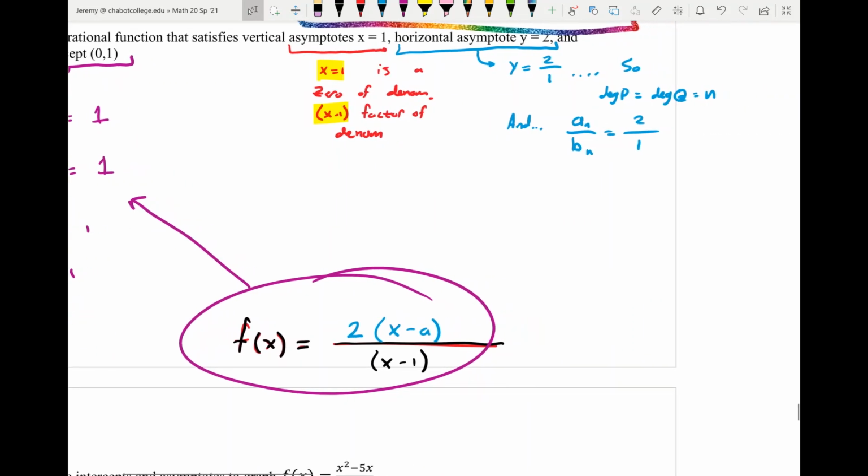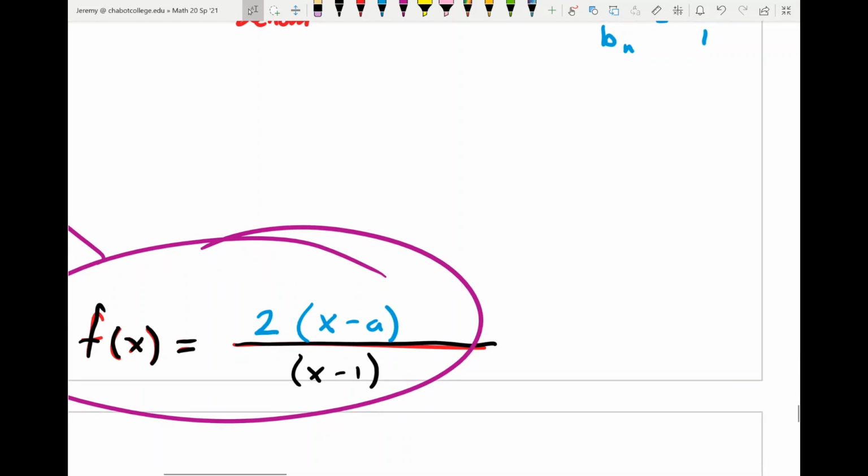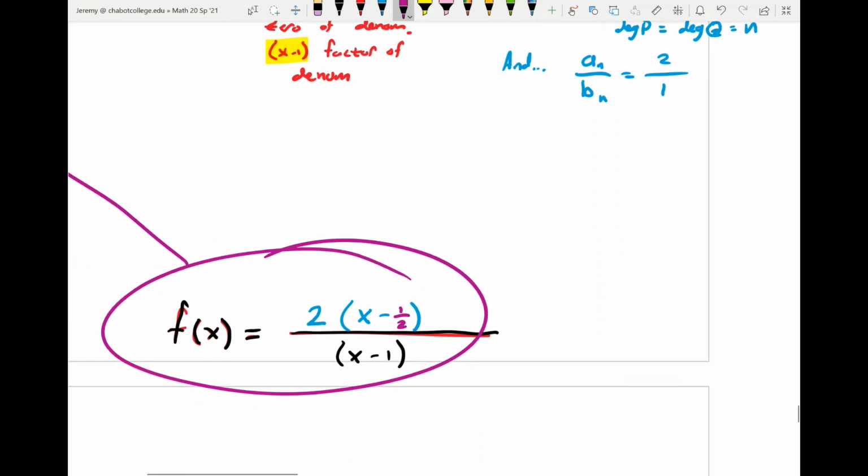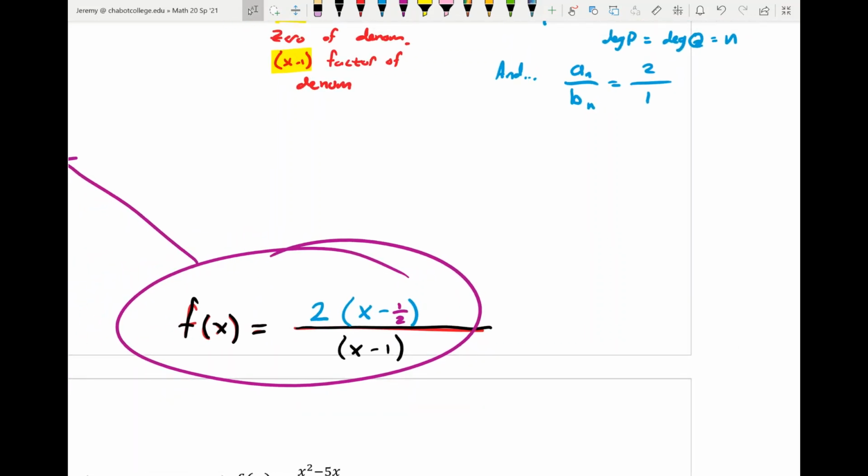So now I'm going to update this. So a in my function, I'm going to replace it with 1/2. And now just to clean it up a little bit, I'm going to distribute that 2 in there, and here's what my final answer is going to be. f of x is equal to (2x minus 1) over (x minus 1). And I'm going to put a box around that.